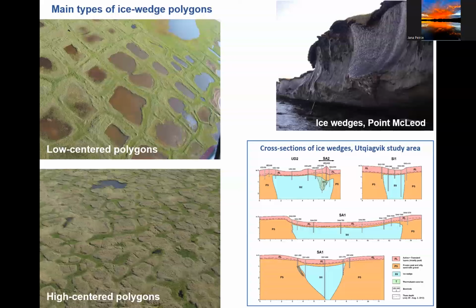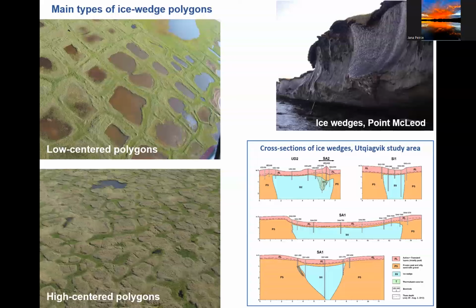Such ice wedges can be up to 10 meters in width, and the vertical extent can be more than 30 meters. And unfortunately, we have this kind of permafrost in Point Lay. It's not 30 meters, but 10 meters is also more than enough, and more likely at least 50% of the volume of the upper permafrost consists of wedge ice.